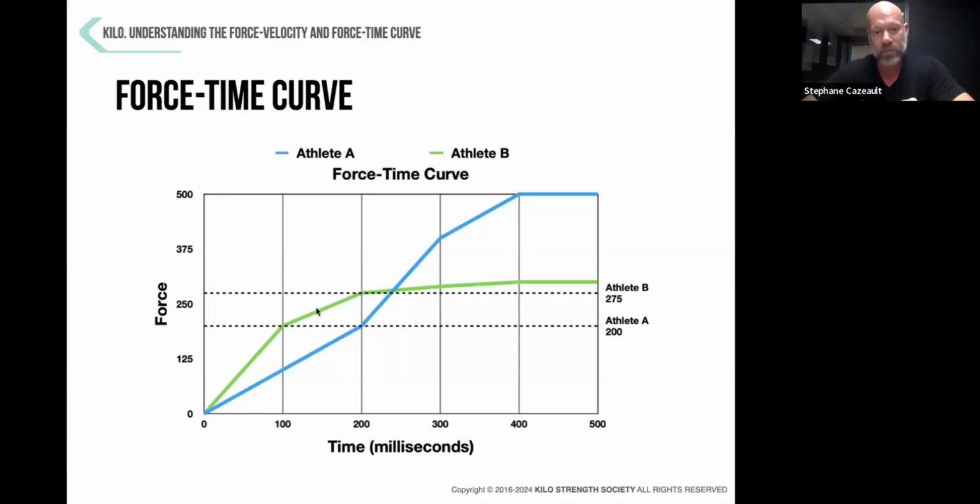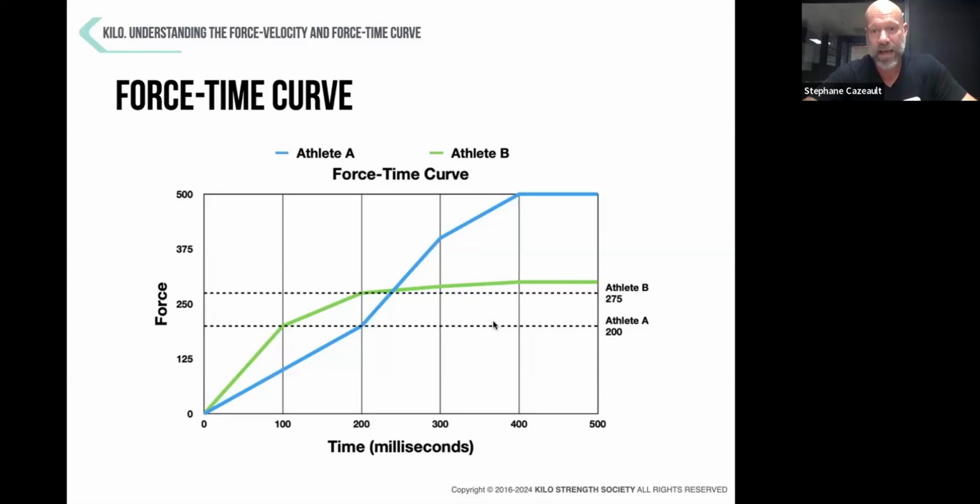And rate of force development is highly affected by starting strength and mostly explosive strength. Okay, and if we look here, that entire zone is your power zone, whereas here it's your maximal strength zone.